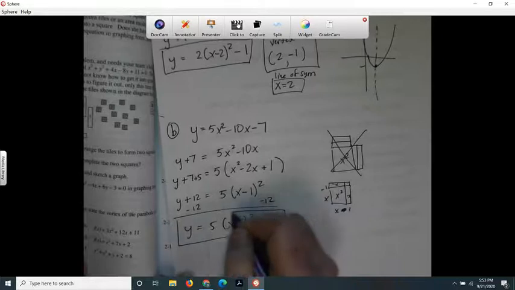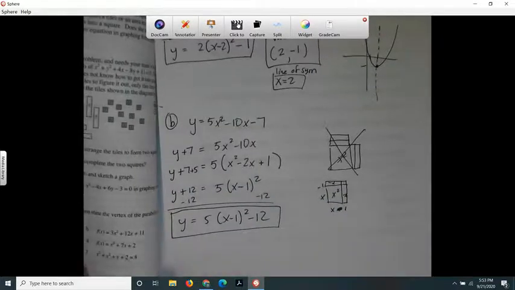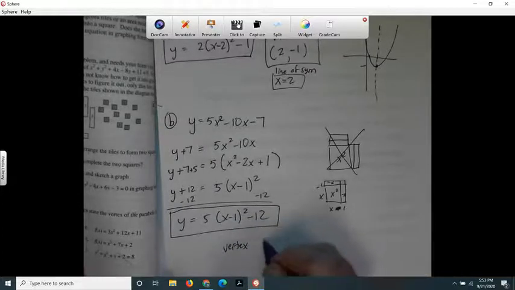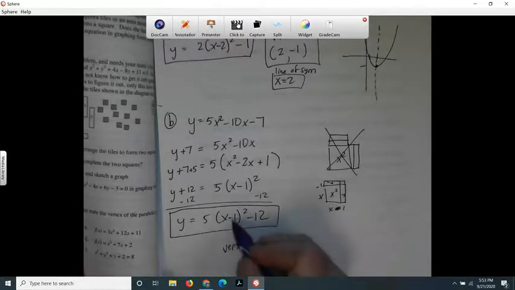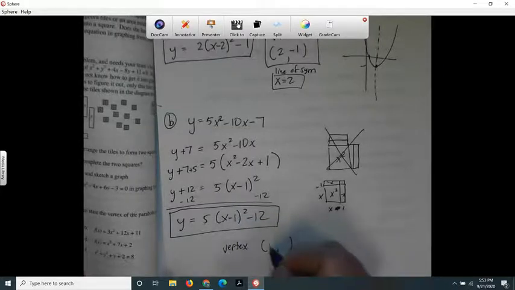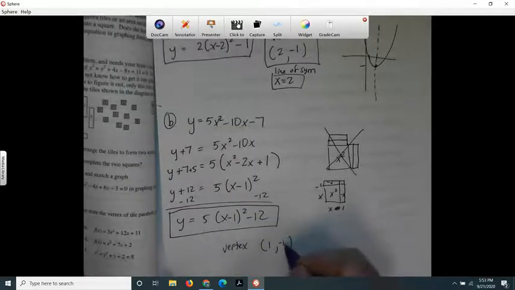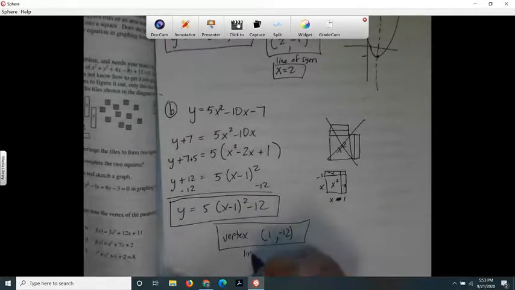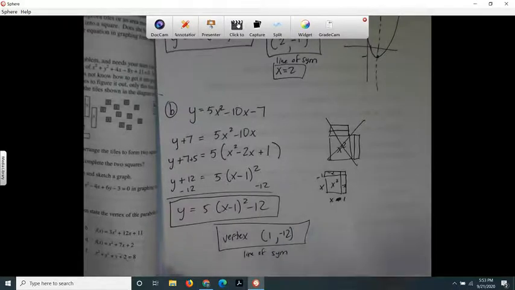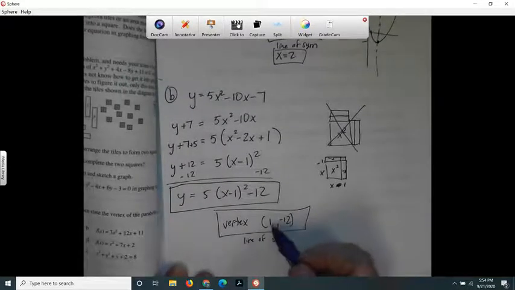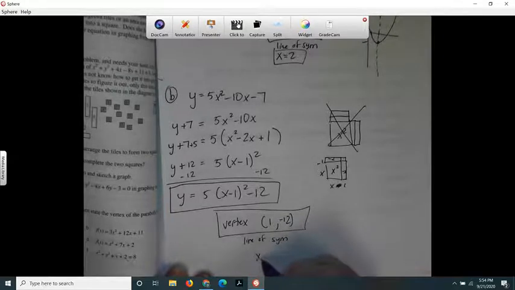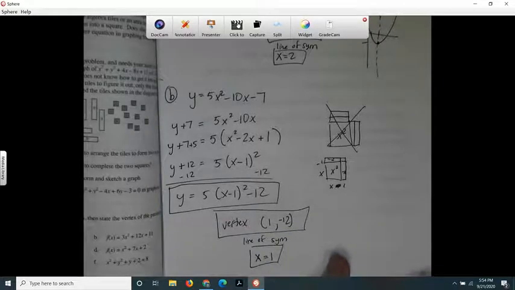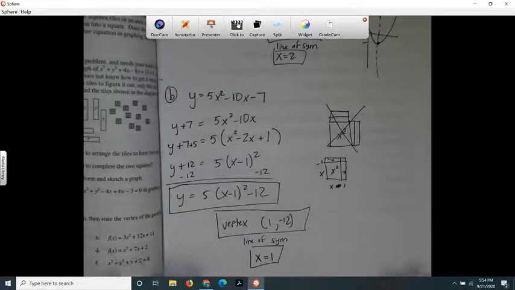This is the equation, and then I need a vertex. I can just get that from h and k, x minus h, so h must be 1, k must be negative 12. That's my vertex, and my line of symmetry would be just my x value, which is 1. So let me check that and make sure that's right. Yep, and that's how you do them.